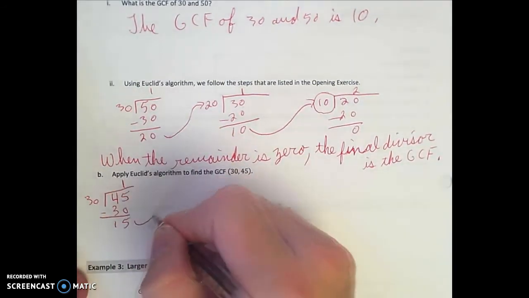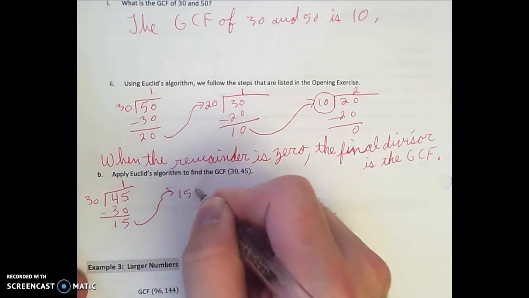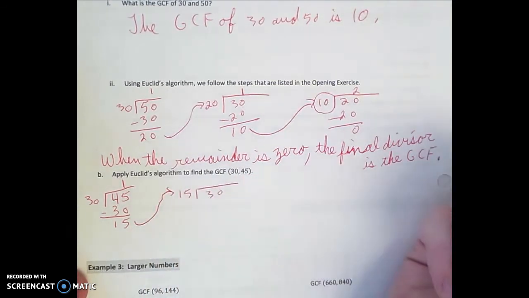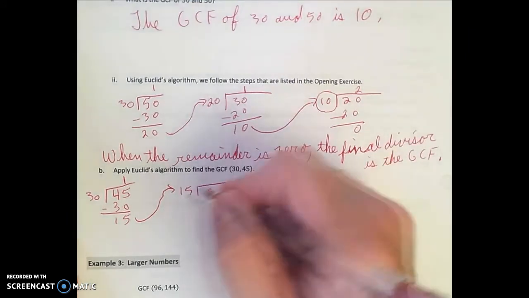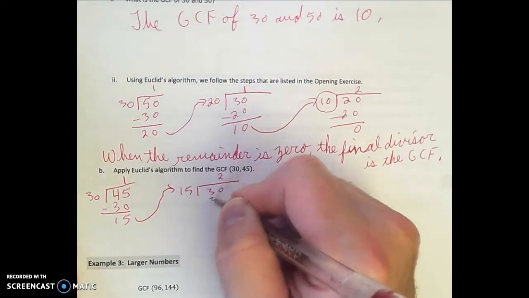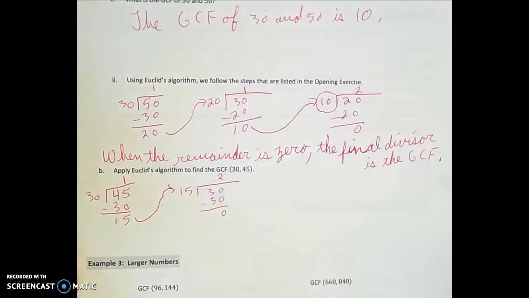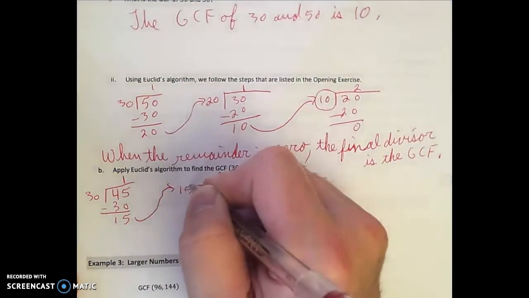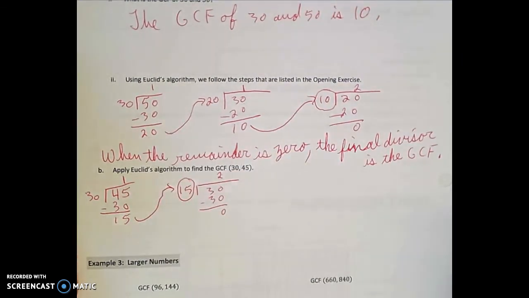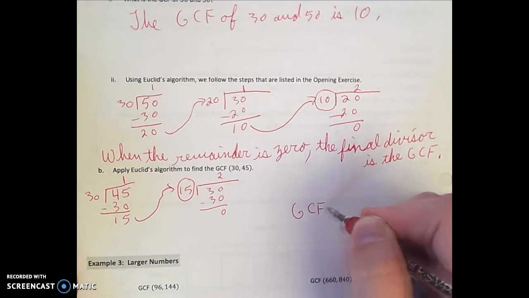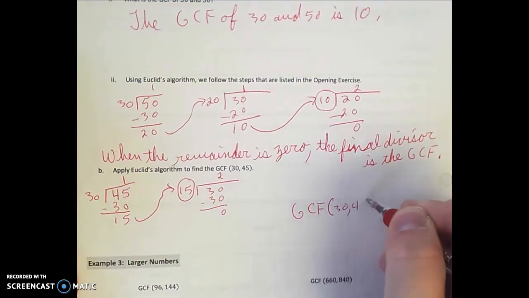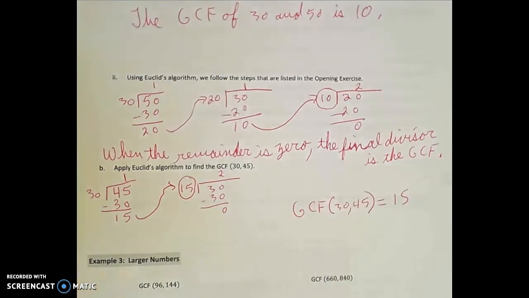So now we bring the 15 over and divide that into 30. So 30 divided by 15 is 2. Now we see that we have no remainder, so that means 15 is the GCF. So we say the GCF of 30 and 45 is 15.